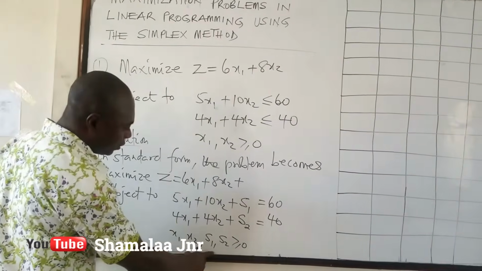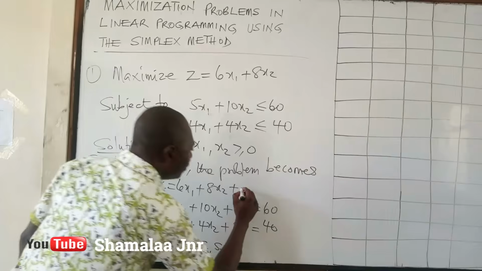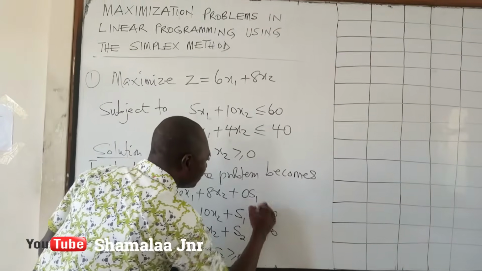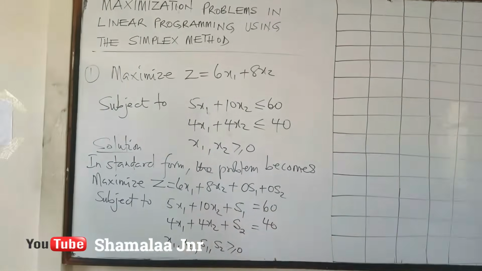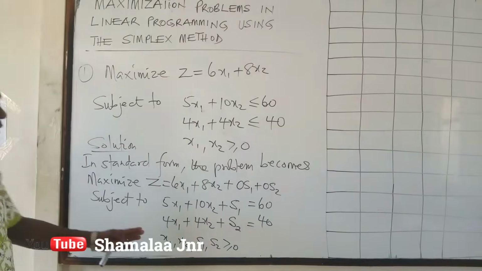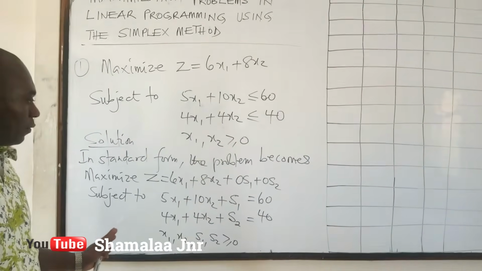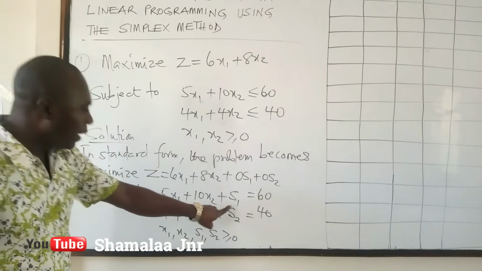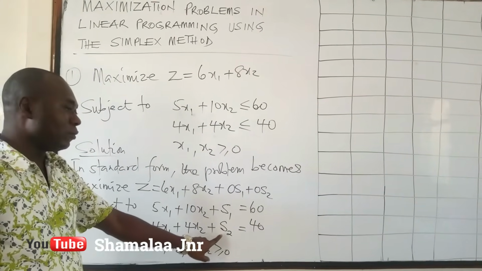Because the question did not contain the slack variables, they will go with 0 coefficients in the objective function. So this is the standard form of the problem we were given to solve. We have added a slack variable to the first constraint and a slack variable to the second one.